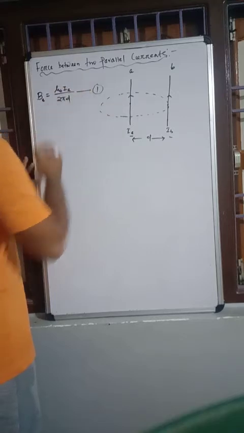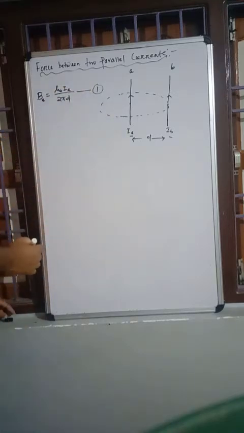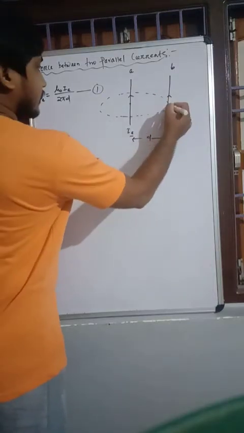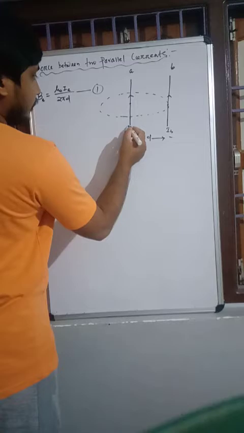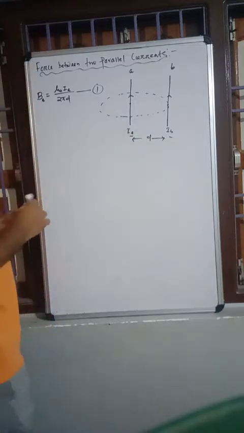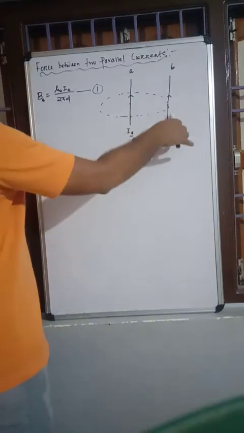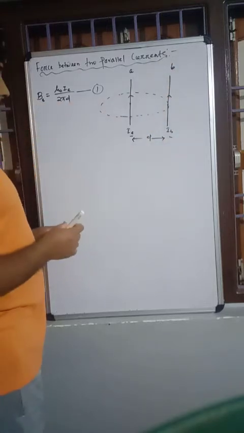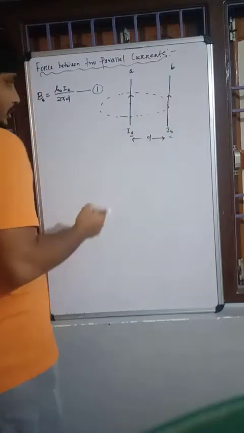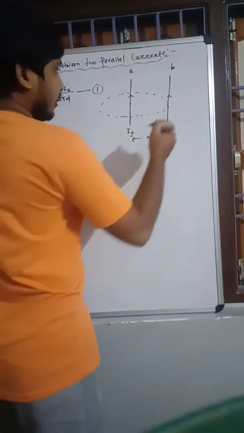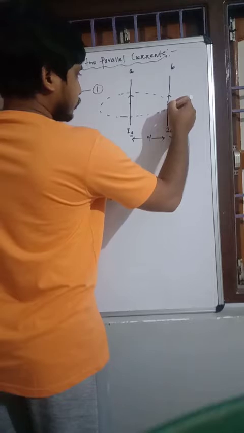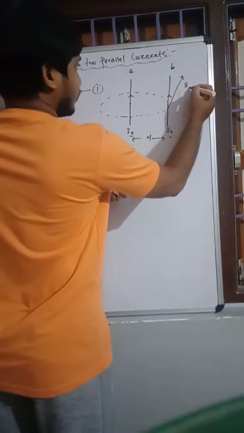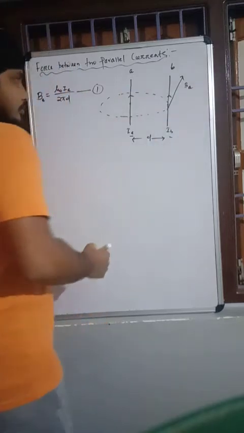So mu naught IA by 2 pi d is the magnetic field which will be produced at this point due to the current carrying element IA, and here at this point in the magnetic field of BA the current element IB is present, and at this point the direction of the magnetic field will be tangent to this point, so it will be directed in this direction. This will be our direction of BA at this point.